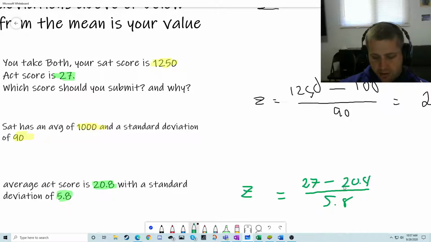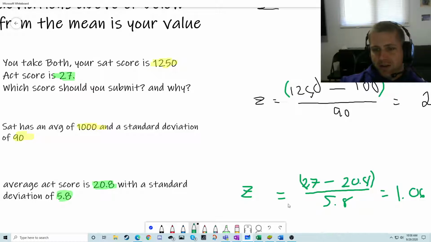So we got 27 minus 20.8 over 5.8. Oops, I forgot to use parentheses. Yeah, it's 1.06. Fun fact, when you type this in your calculator, if you don't put parentheses, it will screw you up. That should also say 1,000, not 100.